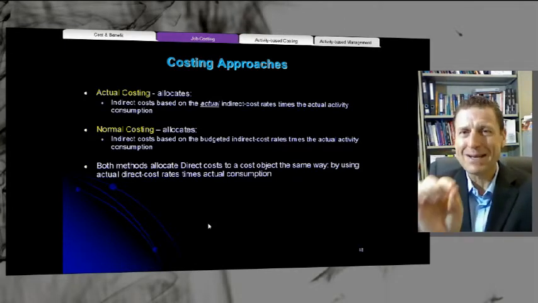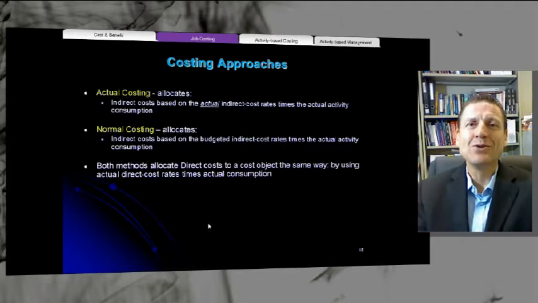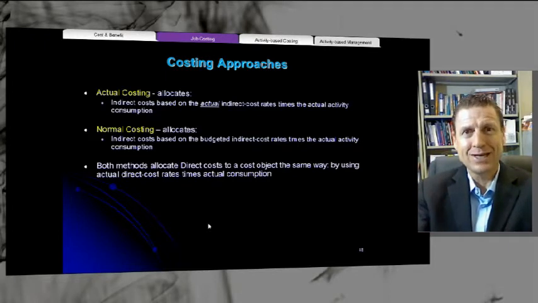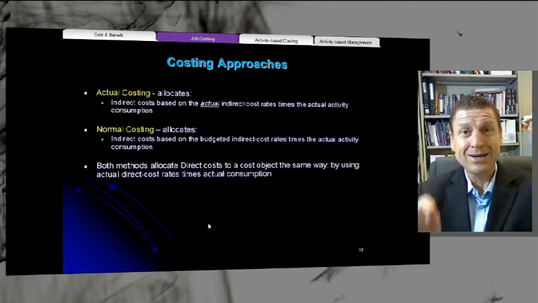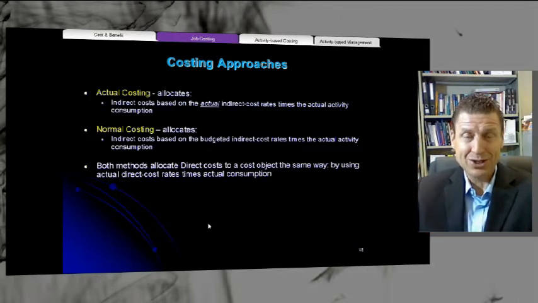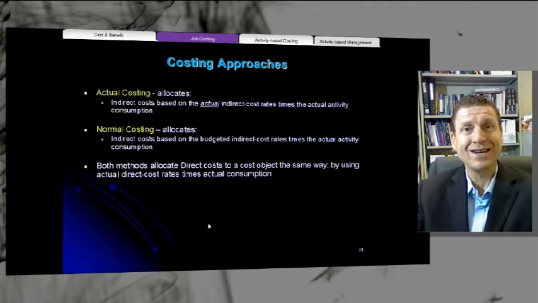Great. But the problem is you have to tell the customer a price before the customer buys. And ideally, in your profit planning, in your strategic plan, you need to have some idea of a profit margin. And so actual costing will not be able to give you that profit margin. Why? Because you have not sold the product yet.